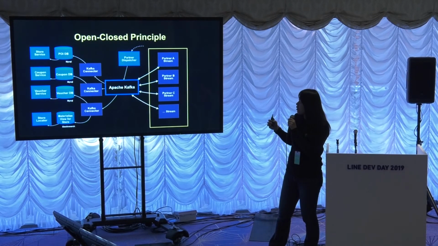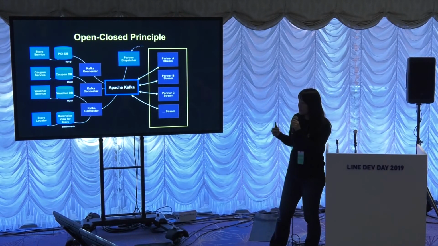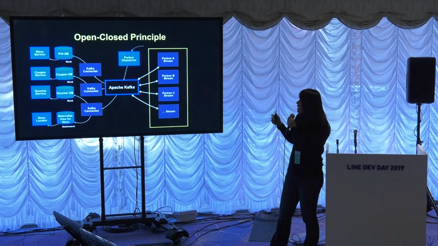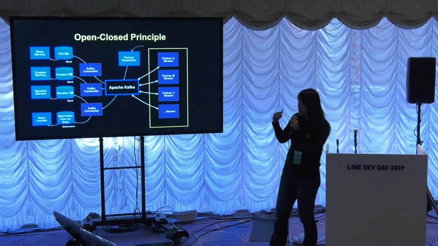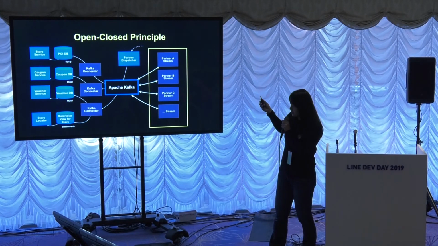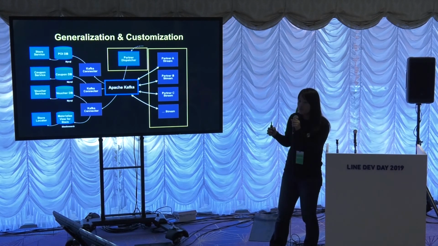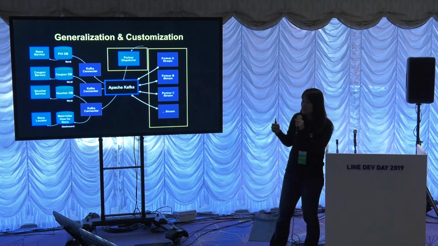And the second one, the open-closed principle. I mean creating or deleting partners. It's also very simple. I can just create or delete the stream job for the partners. And the third one, generalization and customization.